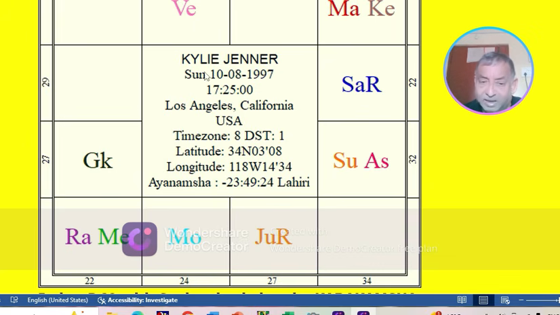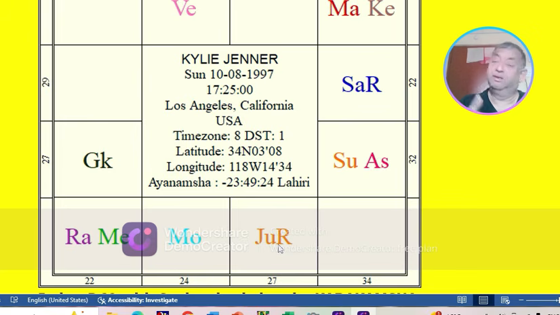You see, Venus from Aries has been aspecting the 11th house. The 11th lord has been aspecting the 11th house, so the 11th house is very strong. And Dhan Karaka Jupiter is also in the 11th house. So she has massive wealth of $700 million.